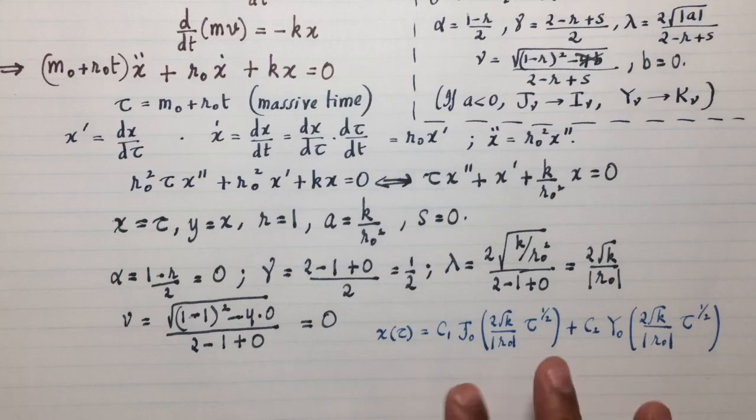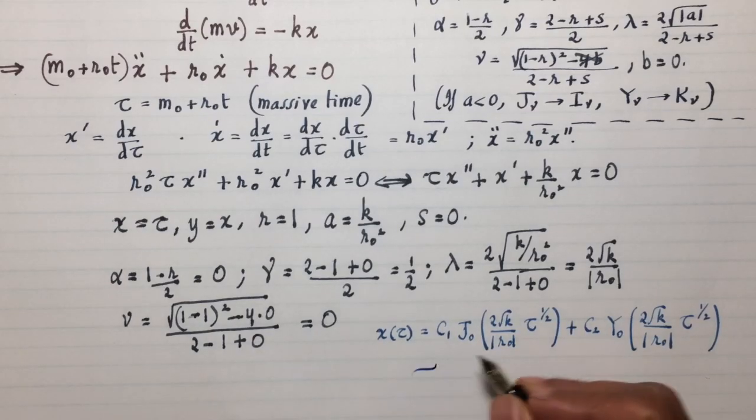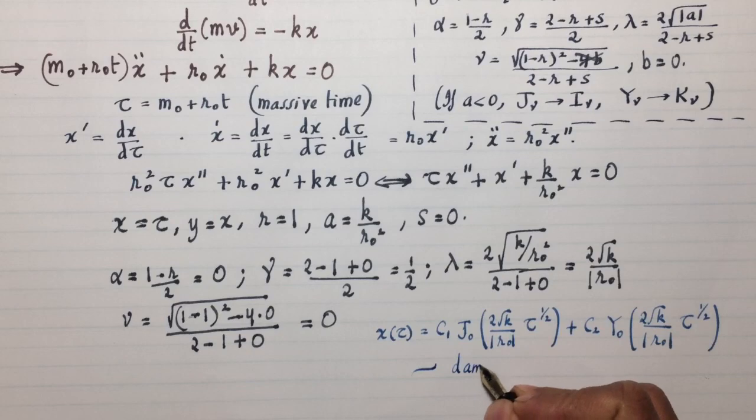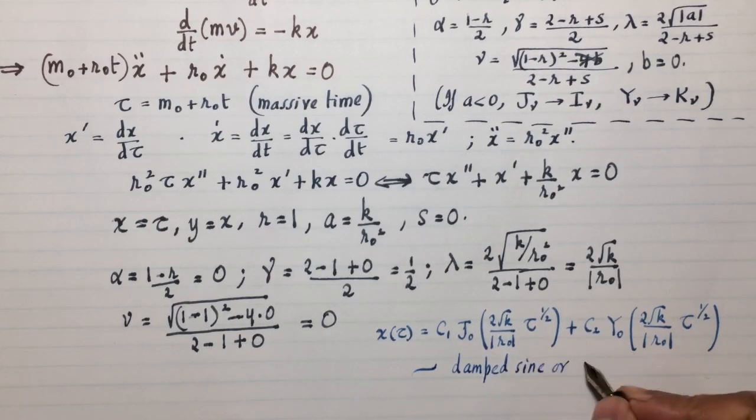And if you're really puzzled by this, don't be. For asymptotic values, this is exactly the same as a damped sine or cosine. So it's a sine or cosine divided by some power of time. So it's going to be pretty strongly damped.